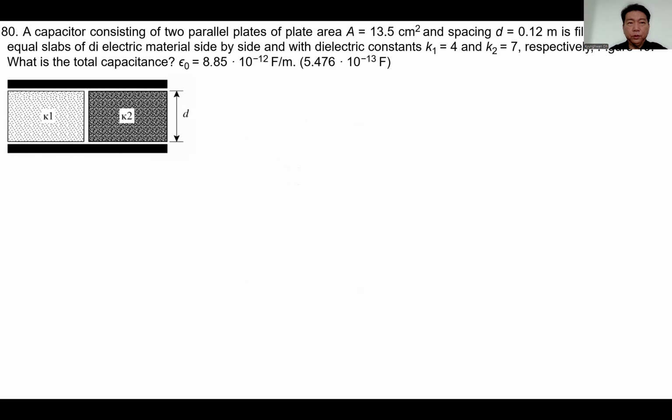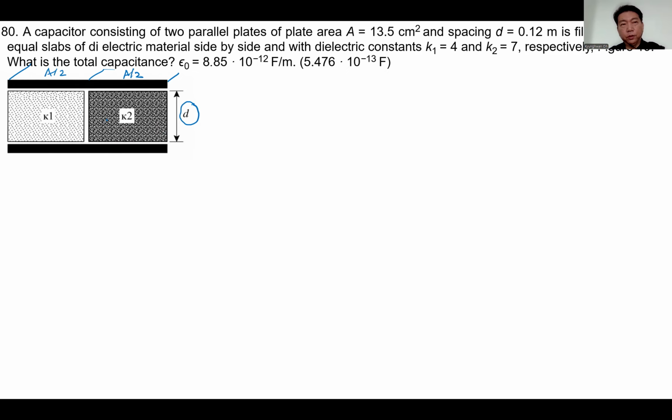And what about this case? If you look at it, there are two dielectrics which are filling the space side by side, in parallel. What it means is that if you have an area A, then each covers A over 2 area, with the same thickness.